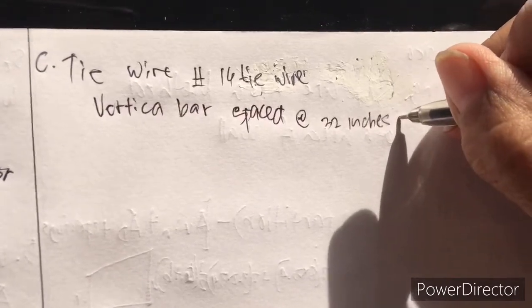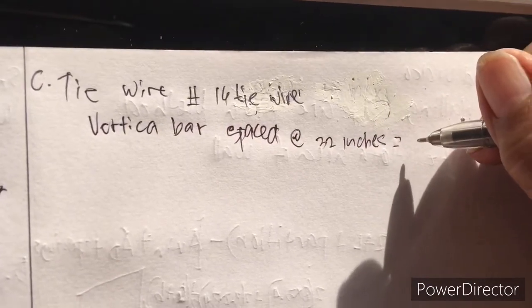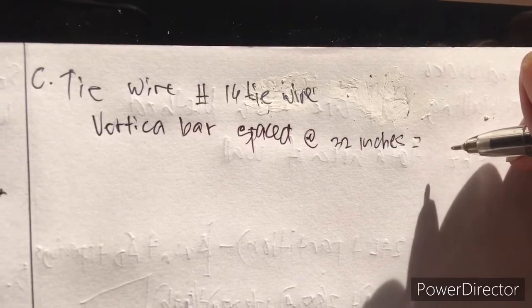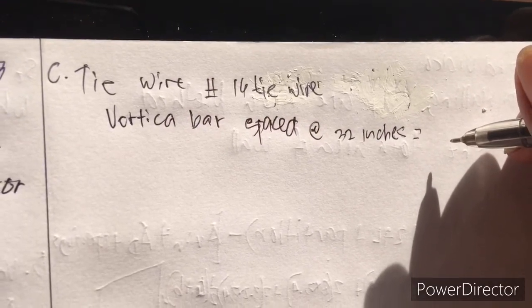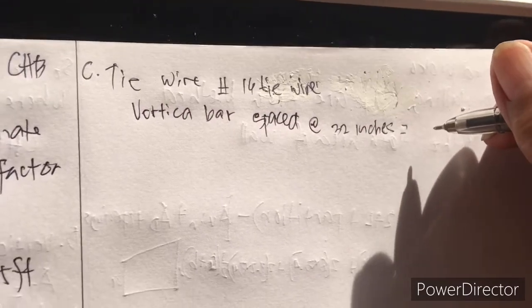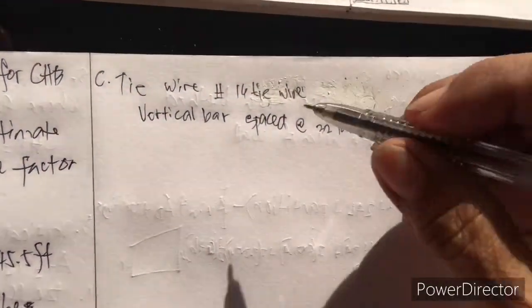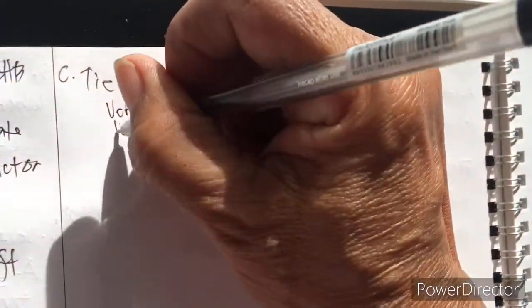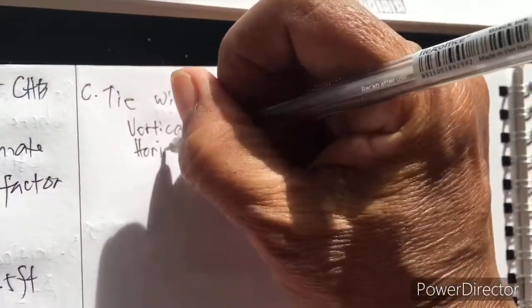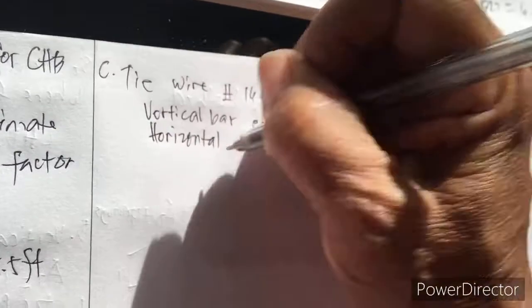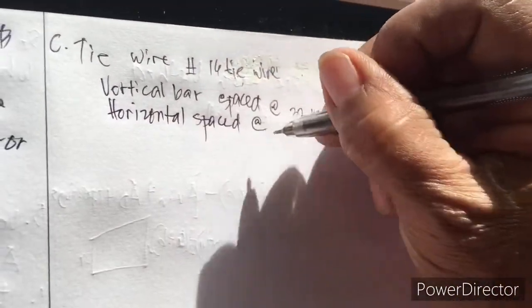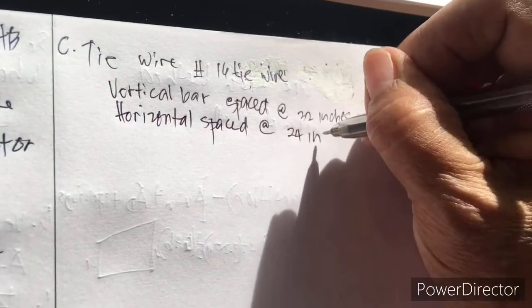The factor equals, the vertical bar is spaced at 32 and the horizontal bar is spaced at 24.